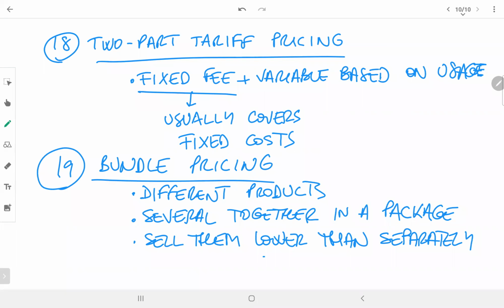And how does this work? Well, let's say that there's a shampoo that individually is $10. And there's a moisturizing cream that individually is also $10. And another product you may sell with that is $10 separately.